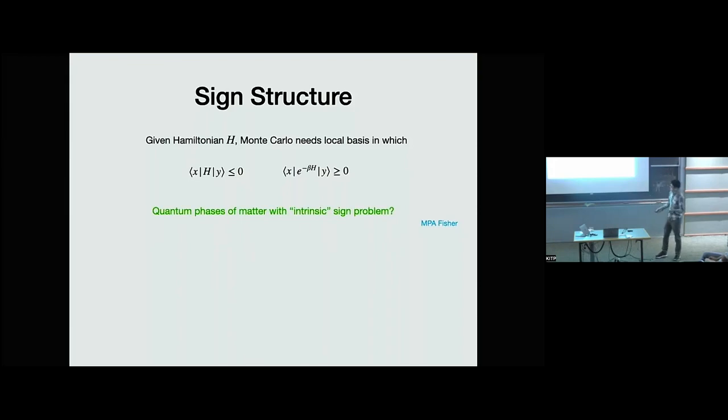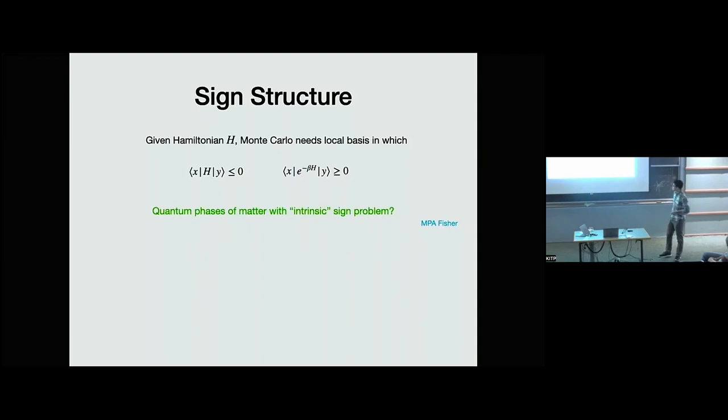So this naturally suggests a question, first posed by Matthew Fisher: are there quantum phases of matter in which there's an intrinsic sign problem, in which there's no such local basis change, no such local unitary that can give you this property in which these are negative?